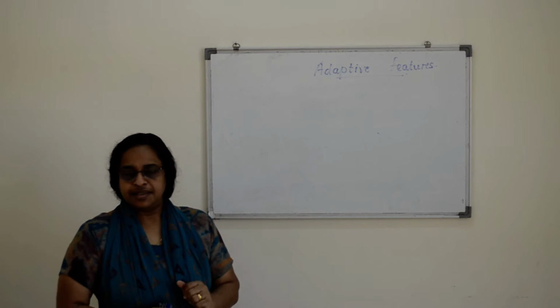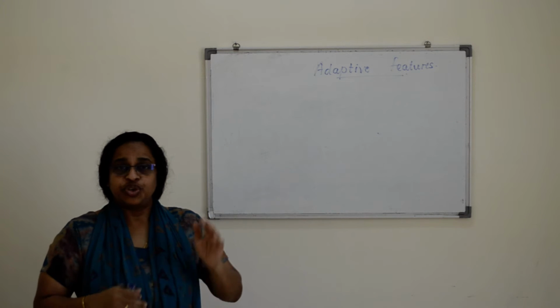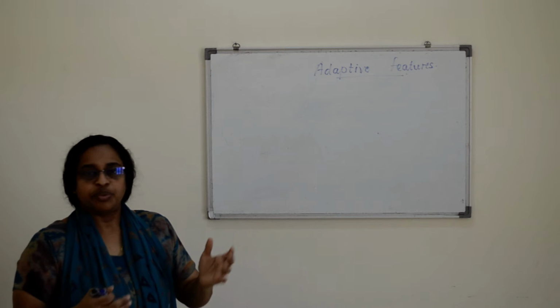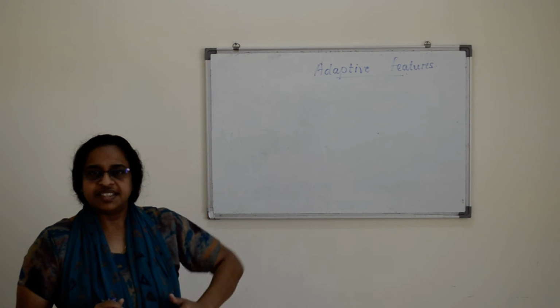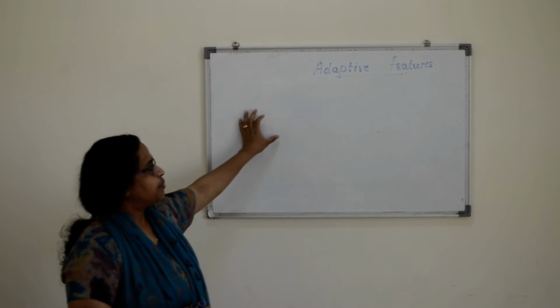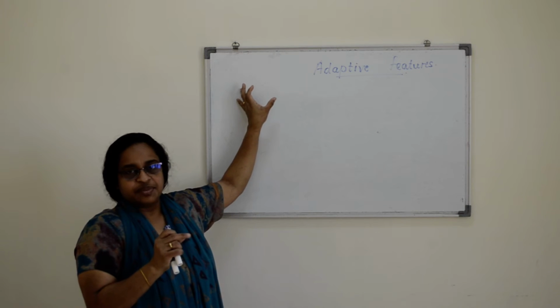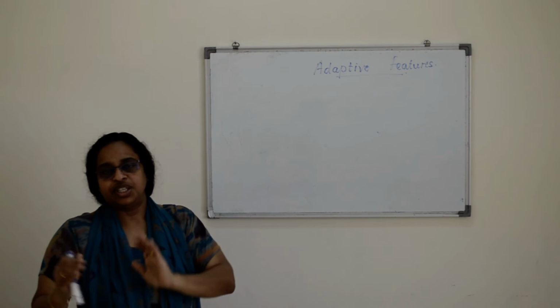It's living in desert, so it is having very long legs, and also it can live without food and water for many days. So all these are adaptive features. Okay? So adaptive features means some features of some organisms to live in that particular environment.